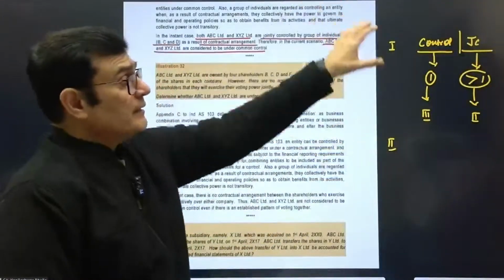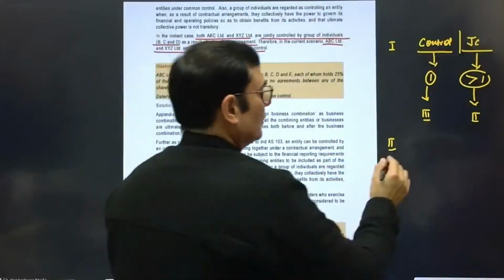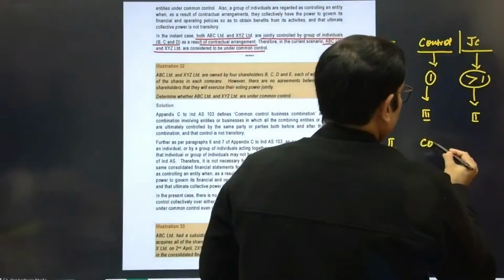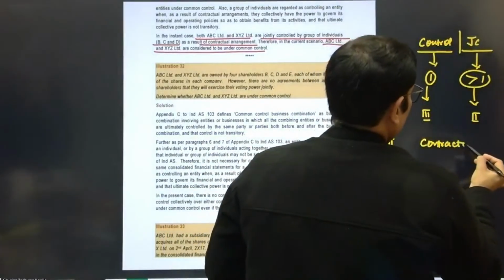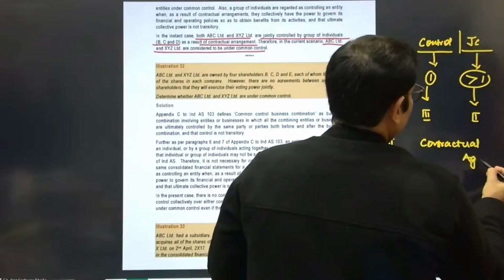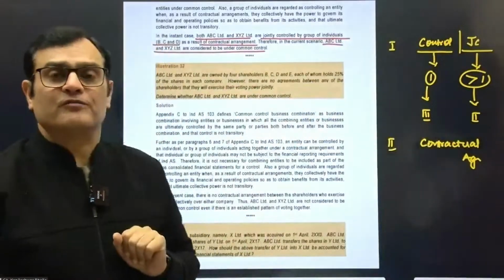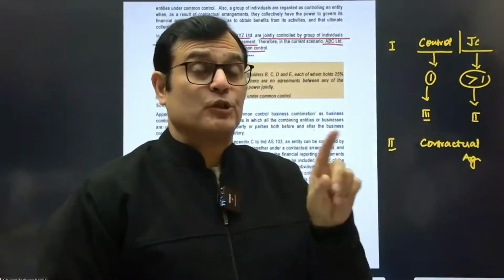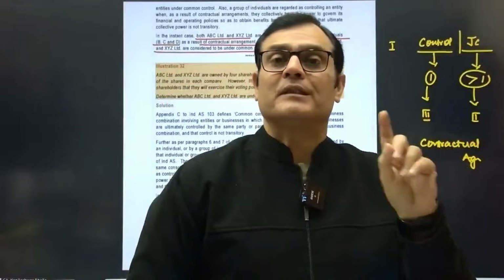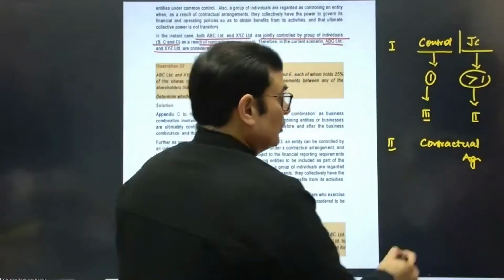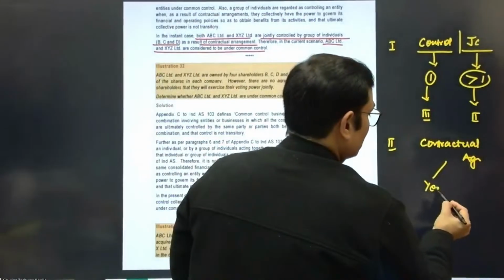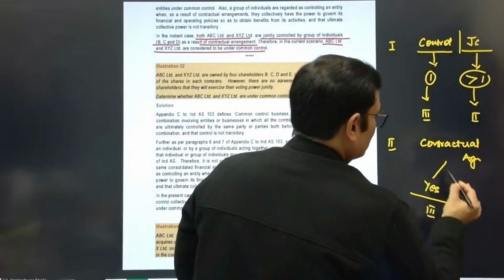Once you say that yes, there is a joint control, then in that particular case, you need to see, is there a contractual agreement entered into between those group of individuals? The presence of the contractual agreement is a prerequisite. If they've entered into a contractual agreement, I go to step 3.